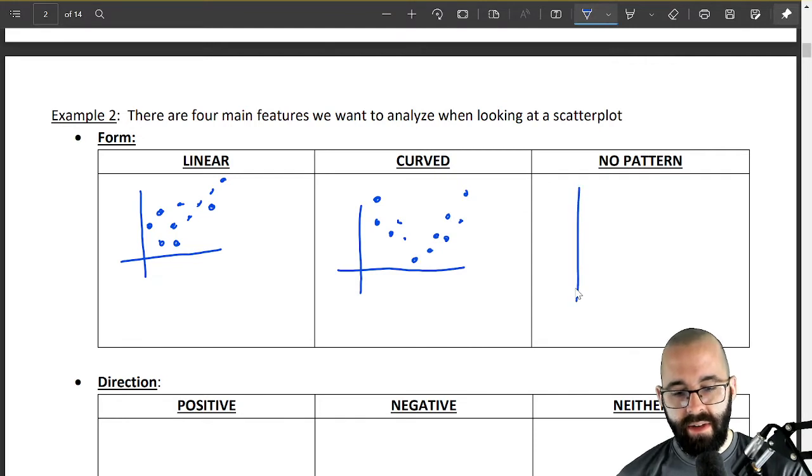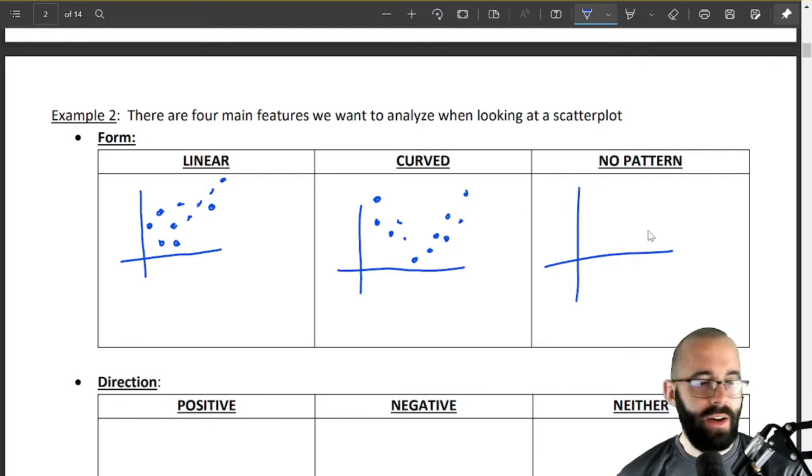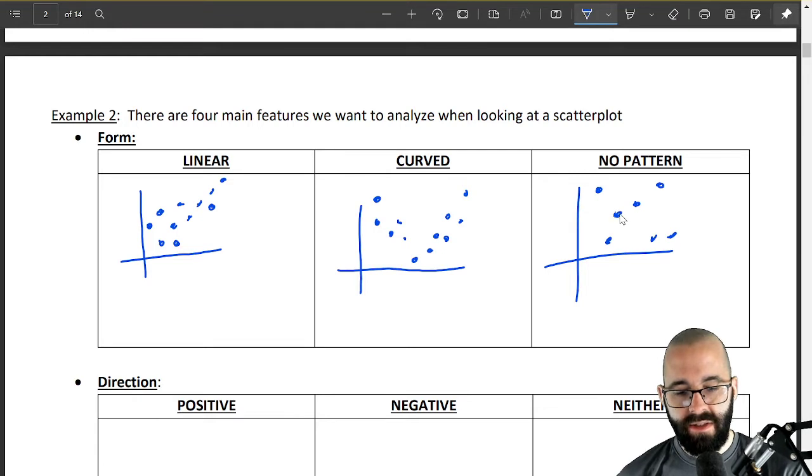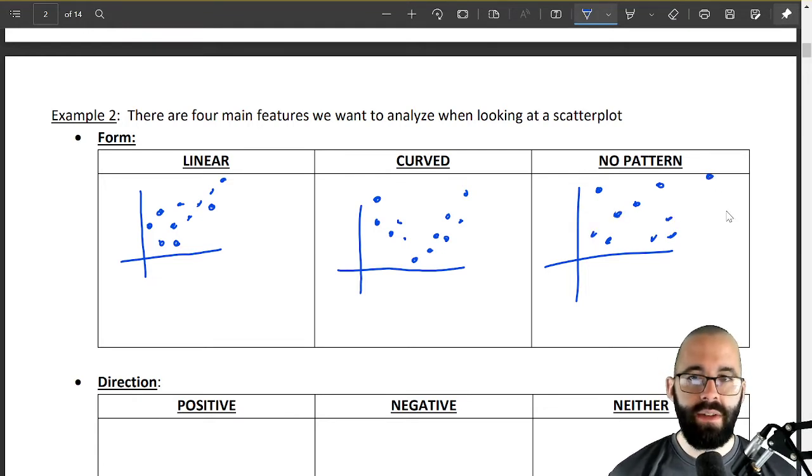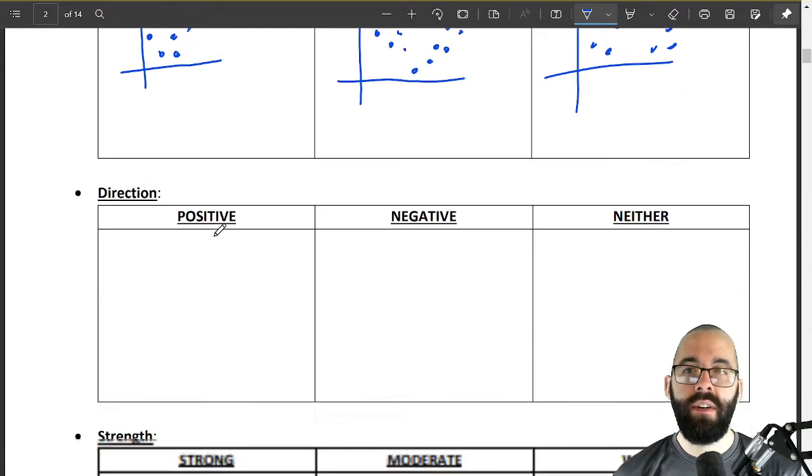No pattern is, maybe we're talking about two things that are not correlated at all. They have no connection. Maybe we just have data points all over the place, and there doesn't seem to be any relationship. So that's one aspect of scatter plots, the form.